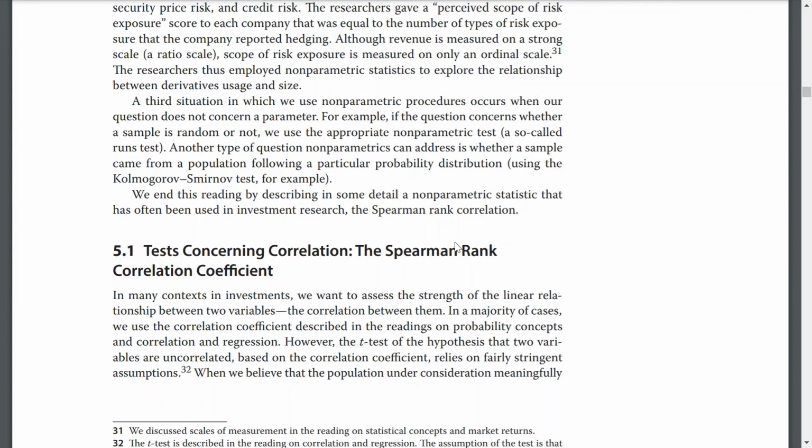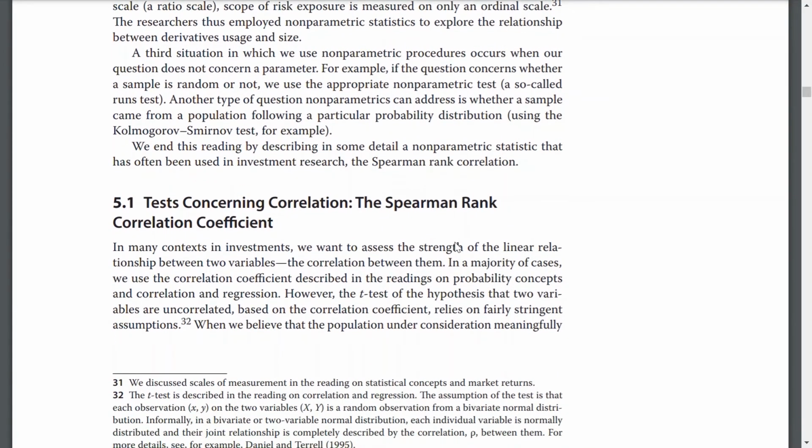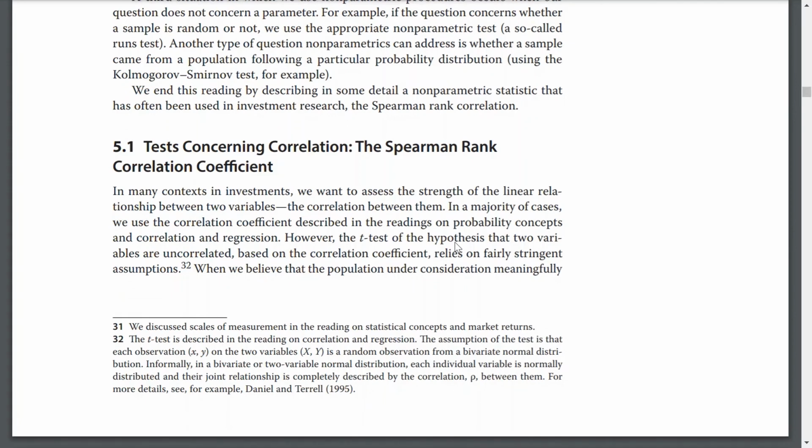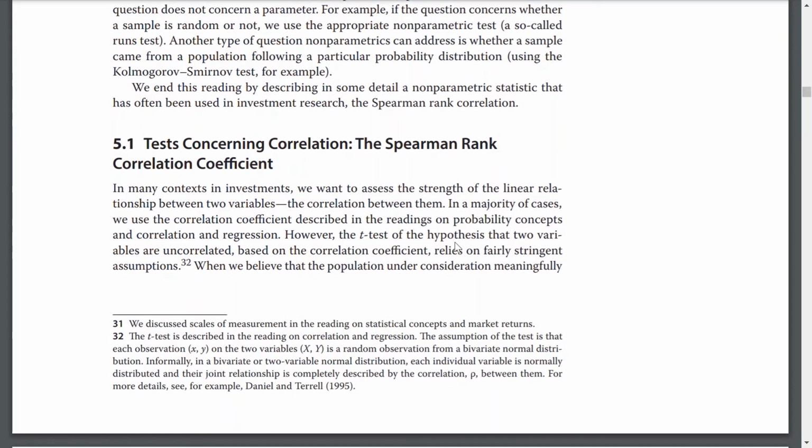5.1, tests concerning correlation: the Spearman rank correlation coefficient. In many contexts in investment, we will want to assess the strength of the linear relationship between two variables, the correlation between them. In a majority of cases, we use the correlation coefficient described in the reading on correlation and regression.